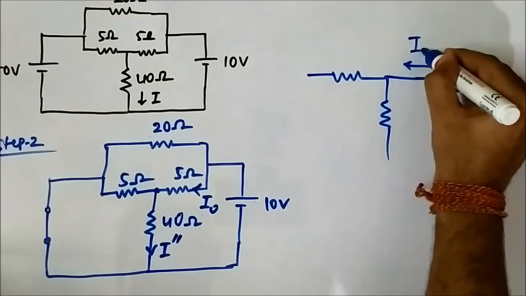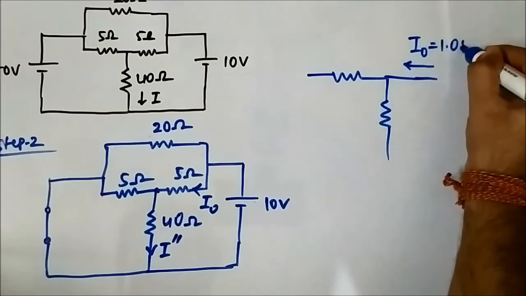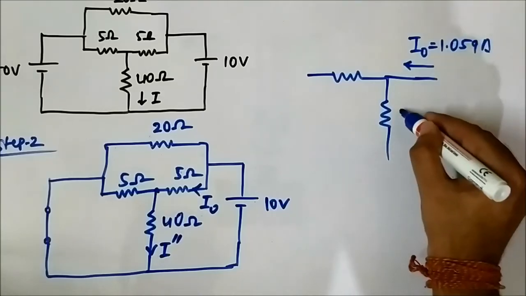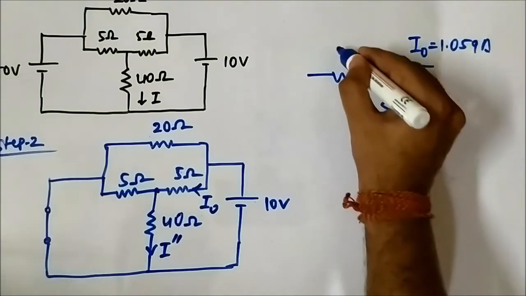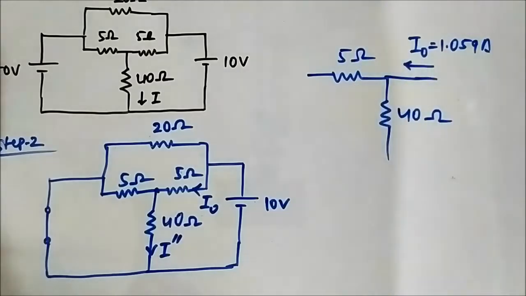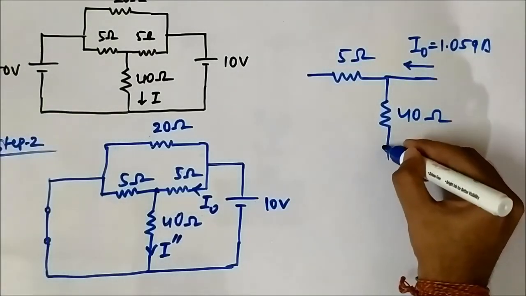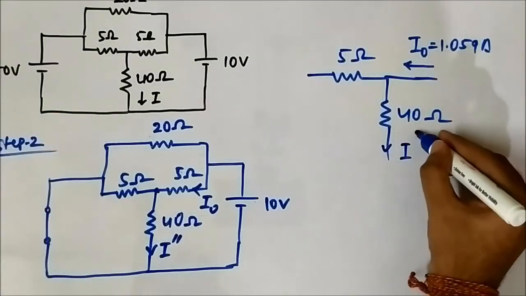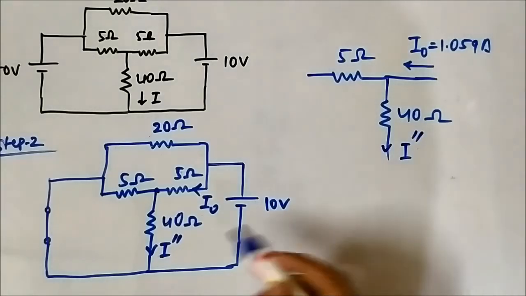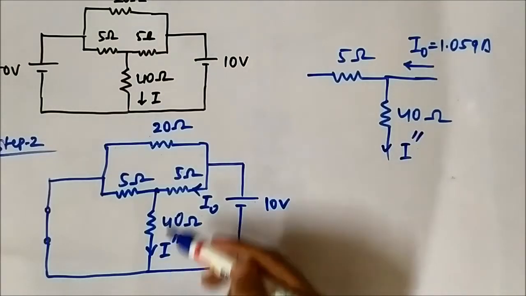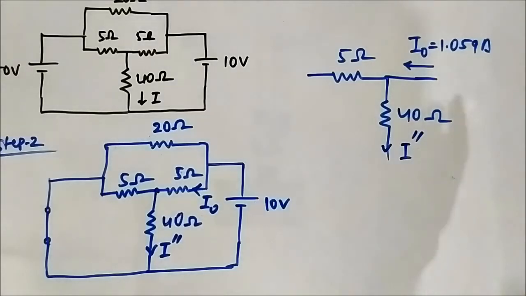This is equal to 1.059 ampere. This is 40 ohm. This is 5 ohm. We have to determine this current I double dash. Now the direction of the current, again it is also downward. The original reference direction is also downward. That is very important.